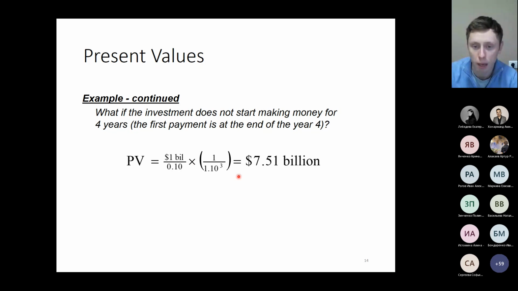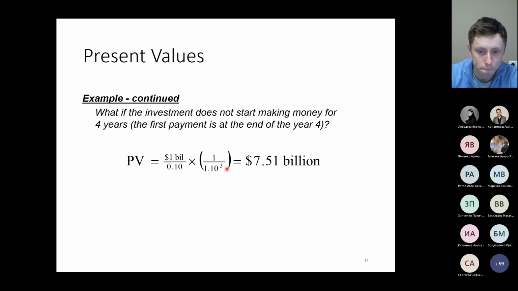So the first payment is at the end of year 4, but the discount factor is to the power of 3, because this formula itself is already making the step for the first year. This is why here we have only 3 for the case when the first payment is made at the end of year 4.